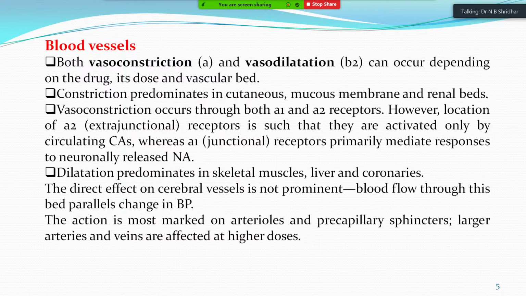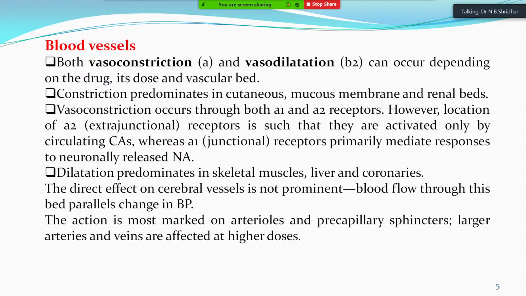Adrenaline is especially released during the fight or flight reflex. A lot of adrenaline is poured into the circulation during the fight or flight reflex, as you know very well. The action is more marked in arterioles, small arteries, capillaries and precapillary sphincters. Larger arteries and veins are affected at higher doses only, not the endogenous dose.